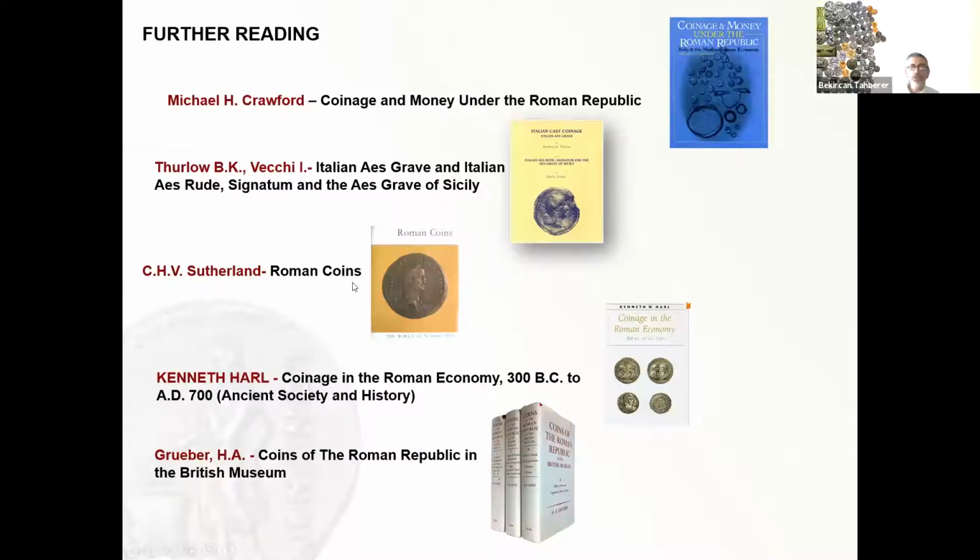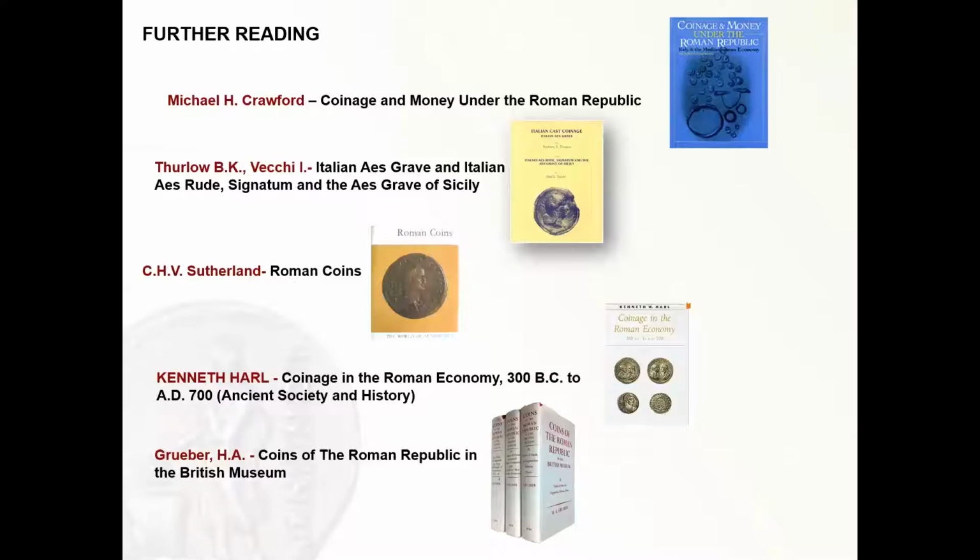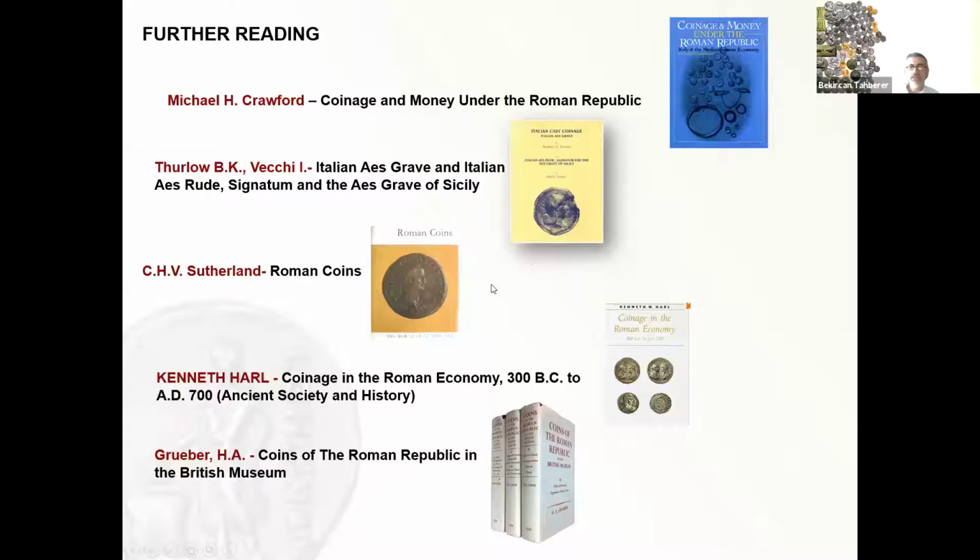Sutherland's Roman Coins is another one that I refer to a lot. So I would definitely recommend that you consider reading these. The secondhand copies are available on Amazon and sometimes on eBay.